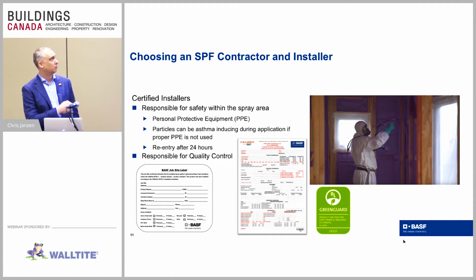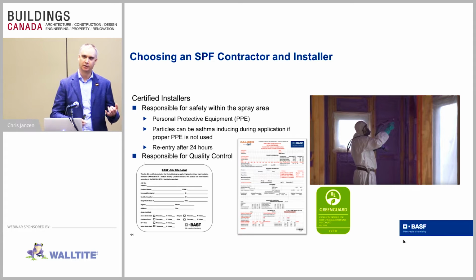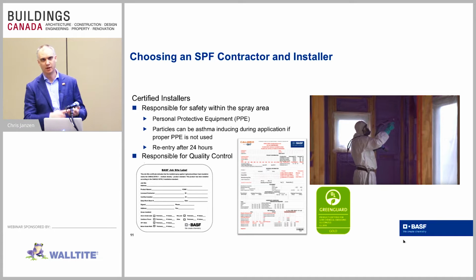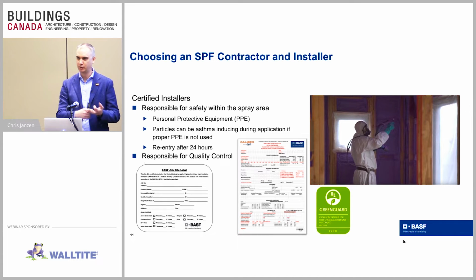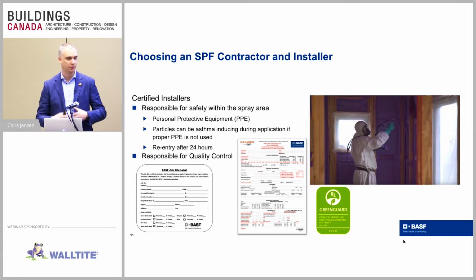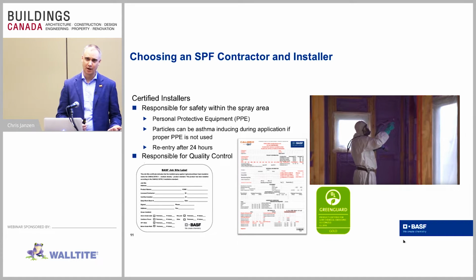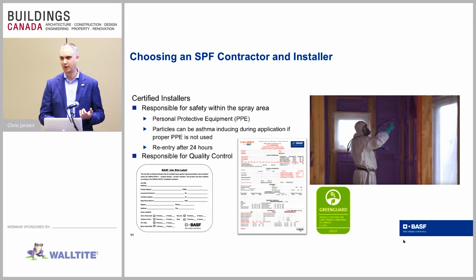And they're also responsible for job site quality control. So here's an example of the daily work record that our installers use. They have everything from the project address, the date that they're installing it, what kind of environmental conditions, temperatures, humidities, substrate conditions, anything that can affect the spray foam application, what their machines are set at, and actually their quality control, where they test the density and the adhesion of the product on site.